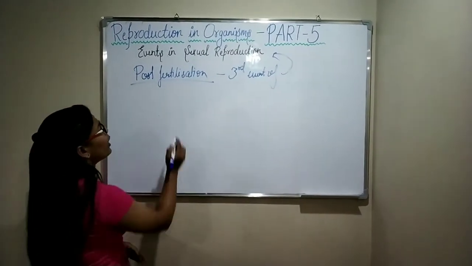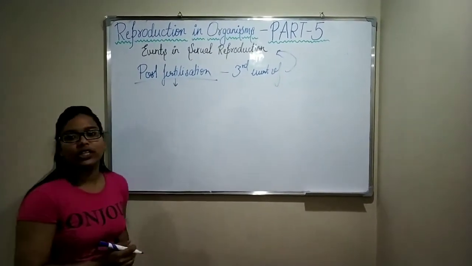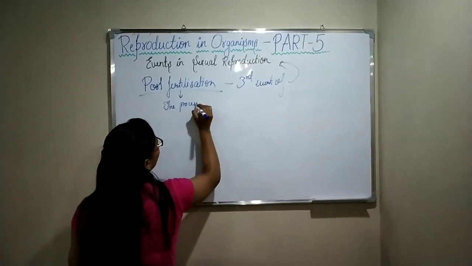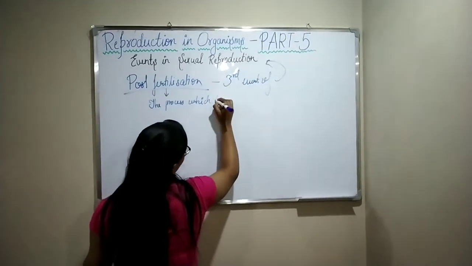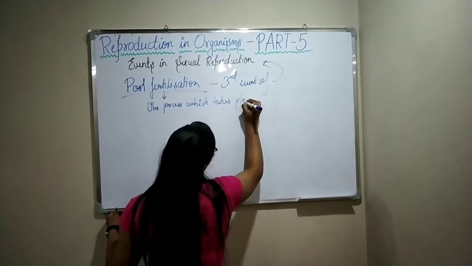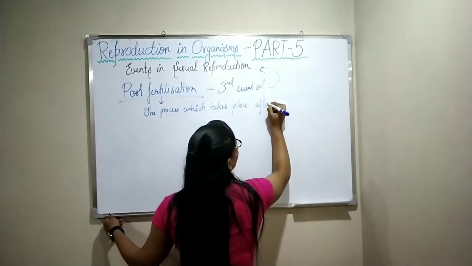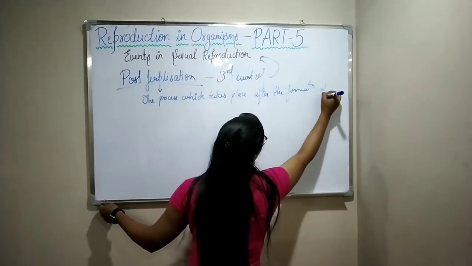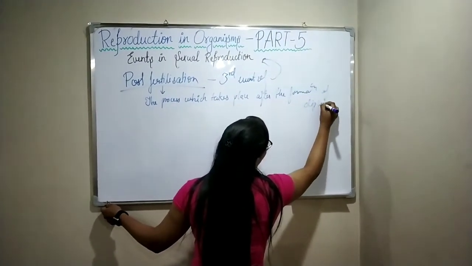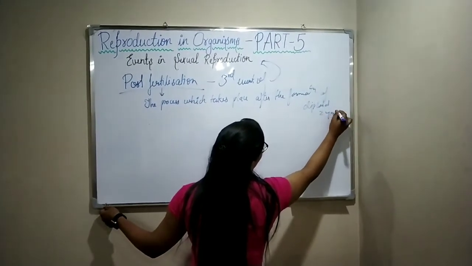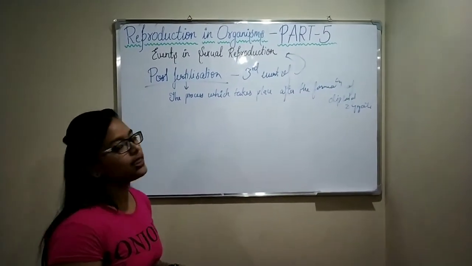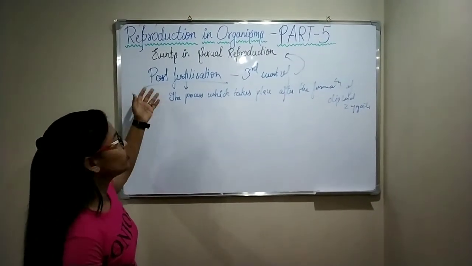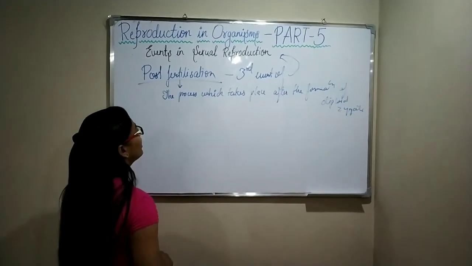Then what is post-fertilization? The process which takes place after the formation of the diploid zygote. Whatever process takes place after the formation of the diploid zygote comes under post-fertilization.